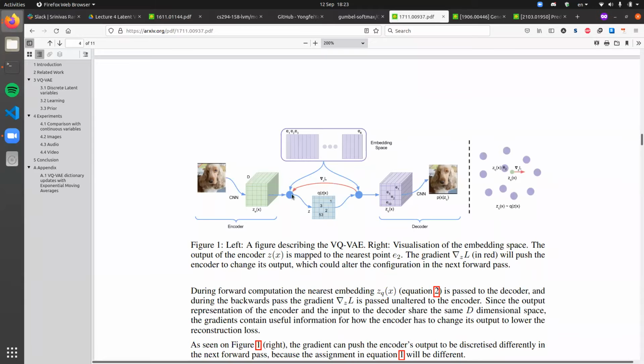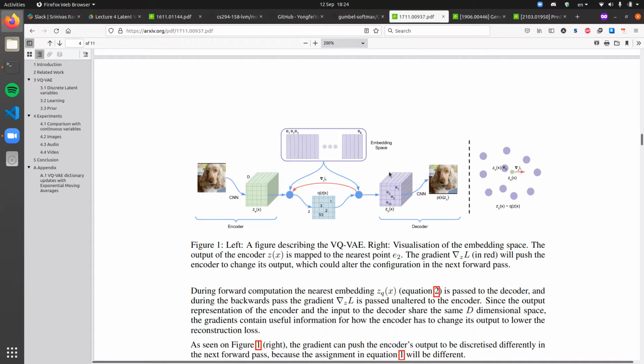And what we do here in terms of backpropagation, from this point to this point, is we just have what is called a straight-through gradient estimator. So the gradient, for example, for this particular output of the encoder will be approximated as the gradient of this embedding we got here.